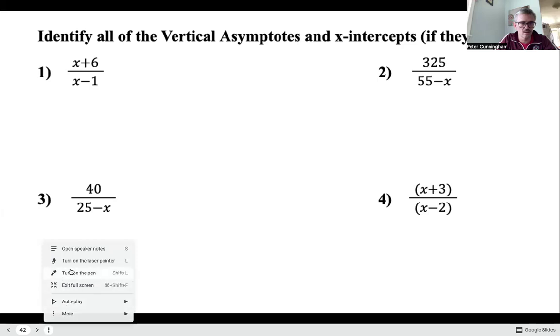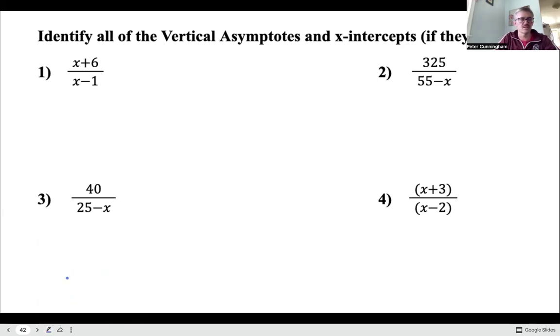Okay, here we go. So make sure you practice and use this just like you have before for Friday's test. Vertical asymptotes. For vertical asymptotes, we need to make the denominator equal 0.